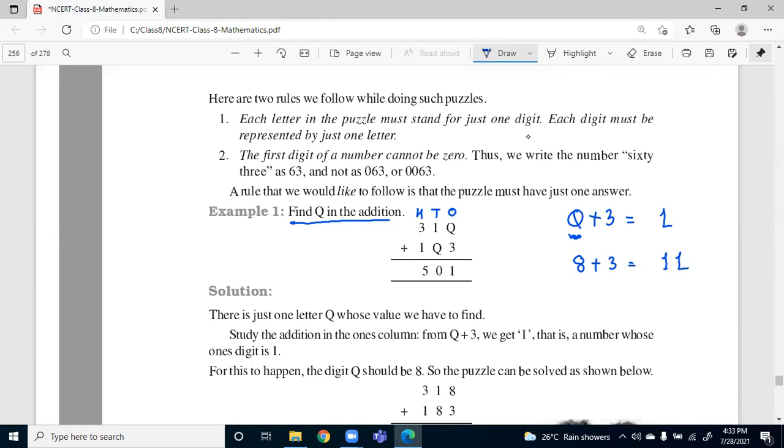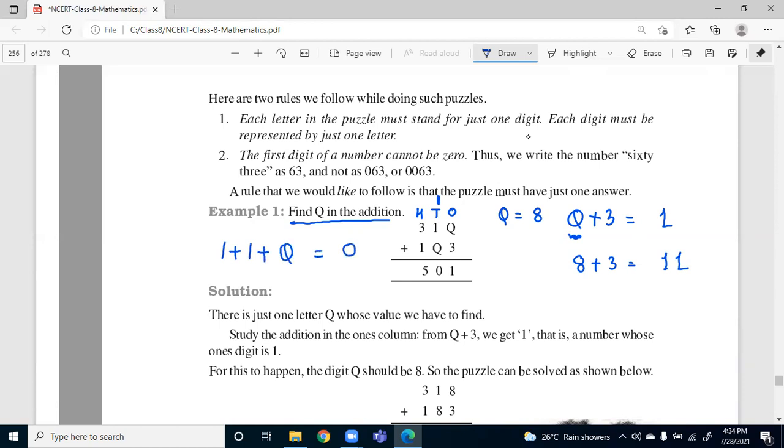So yes, 1 moves to the next place as a carry. Let's check if Q is 8. At tens place, I have 1 carryover, 1 plus Q, making 0.